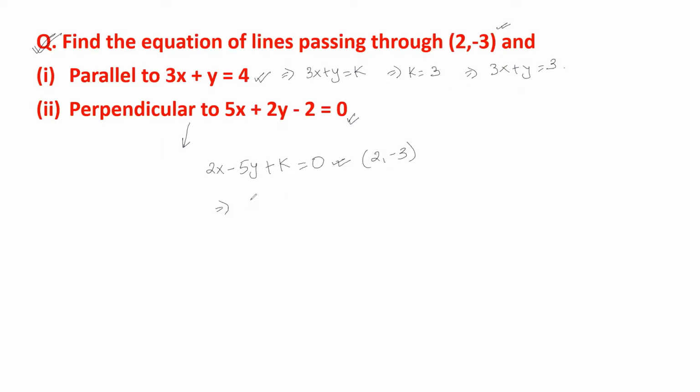If we simply put the values here, this would be 2 times 2 minus 5 times minus 3 plus k equal to 0. So from here, the value of k would be minus 19. So the equation of the line perpendicular to 5x plus 2y minus 2 equal to 0 would be simply 2x minus 5y minus 19 equal to 0.